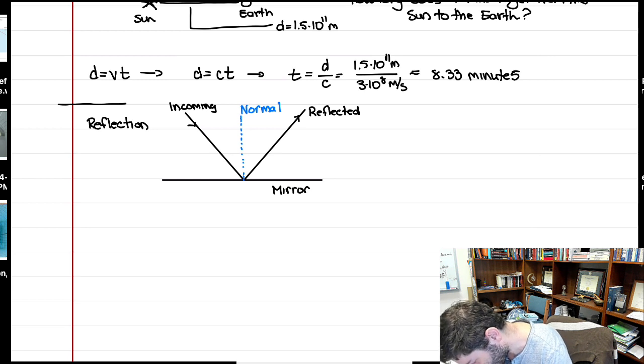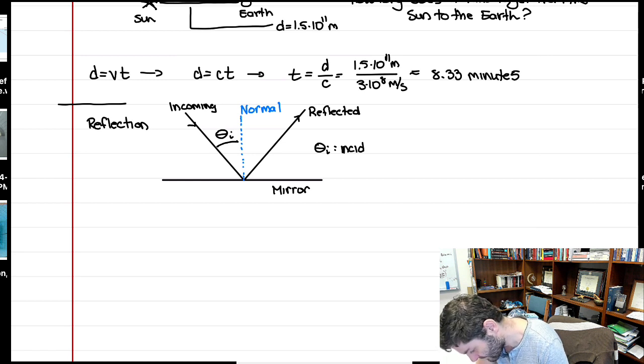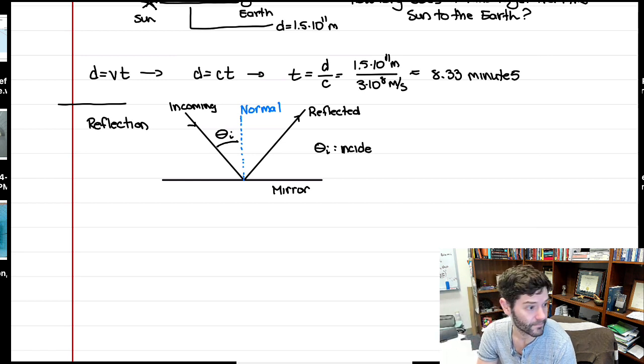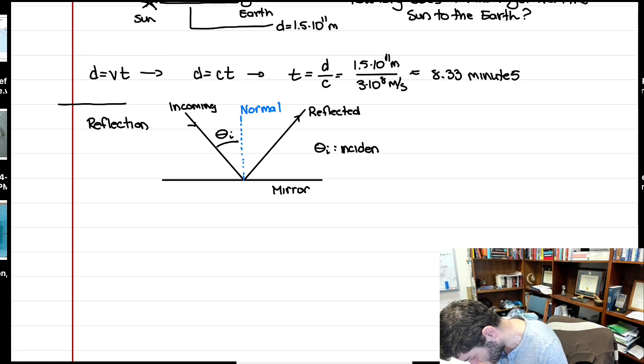Then I can define this angle here, which I'll call theta sub I, and theta sub I is the incident angle, or incidence angle, or incoming angle, and then there is the reflected angle.